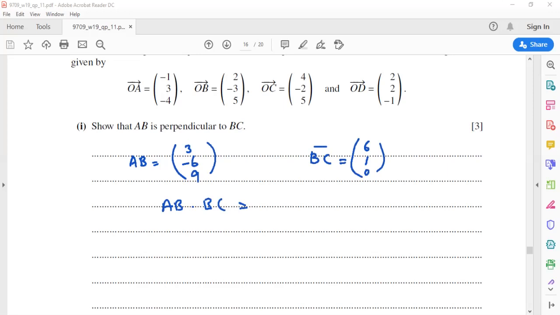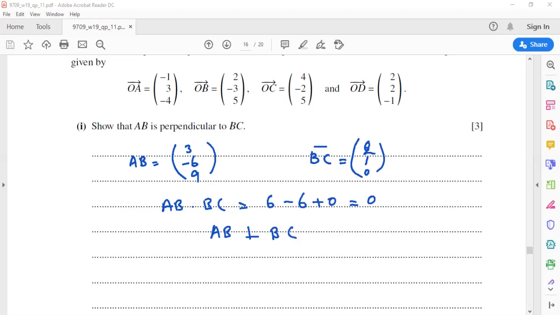So 3 times, sorry, this is 4 minus 2, which is 2 over here. So it is 3 times 2 is 6, minus 6 times 1 is minus 6, and 9 times 0 is 0. So it's going to be 0 over here. So it means AB is perpendicular to BC.